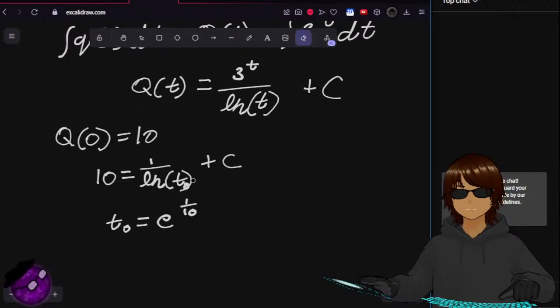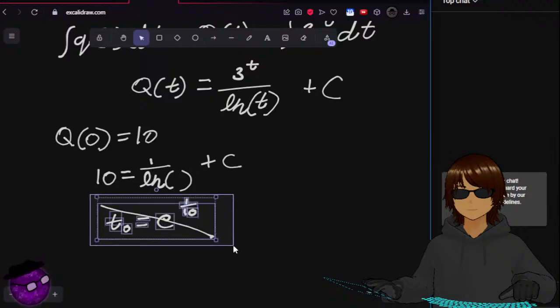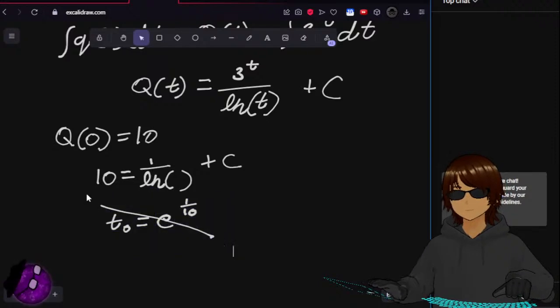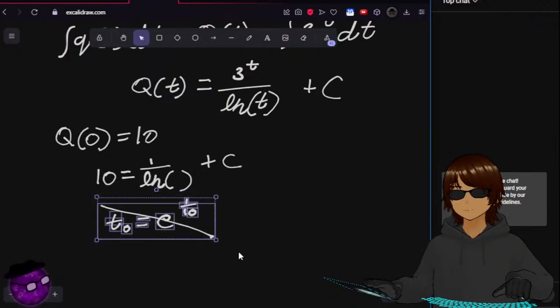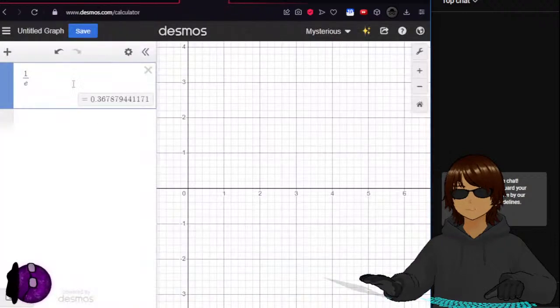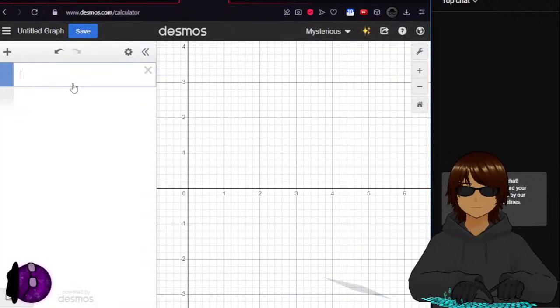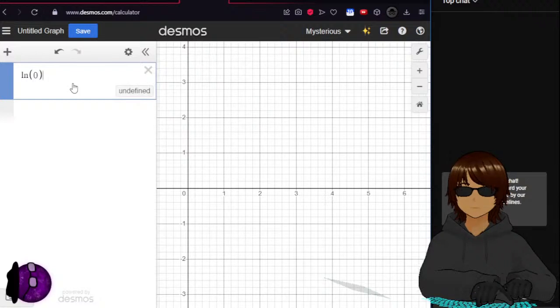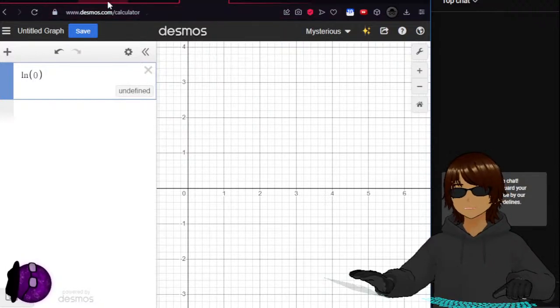No, that is not right, in fact. This is t0. ln of 0 is undefined.